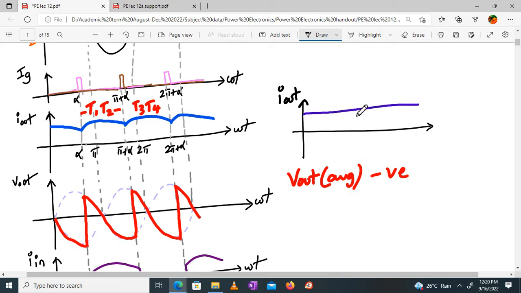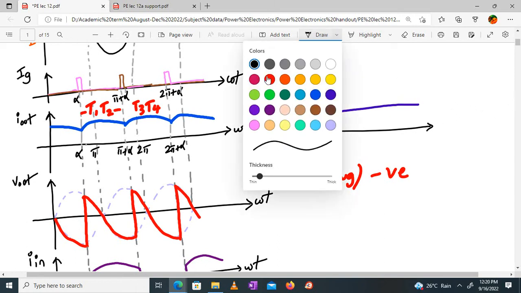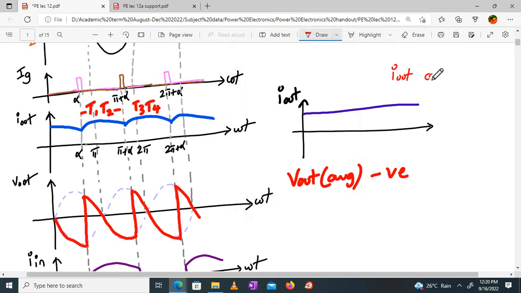If I out is constant, meaning there is no ripple, no fluctuations, right? So what would have been the difference?